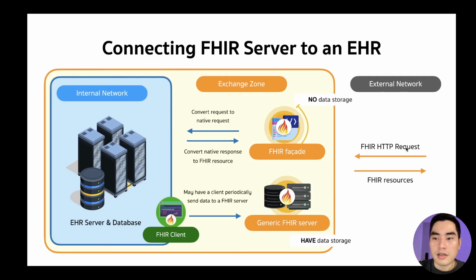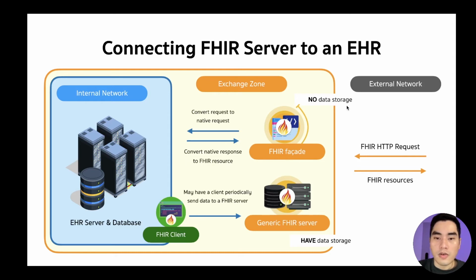And here is the external network that does not belong to you. So you have two options. The first one is a facade and the other one is a generic FHIR server. Let me remind you, a facade has no data storage and a generic FHIR server has data storage, here, this one.